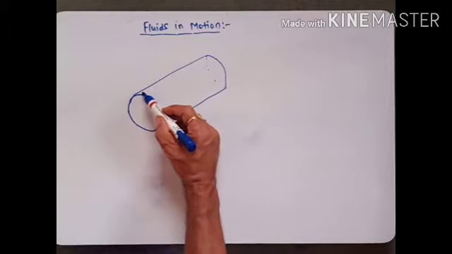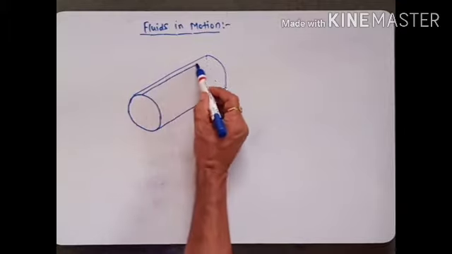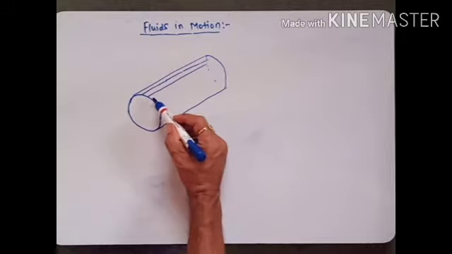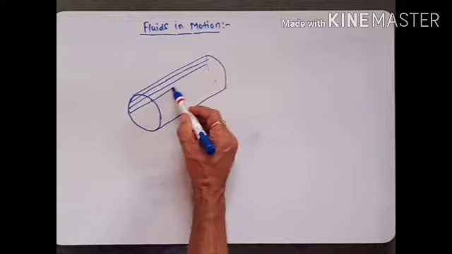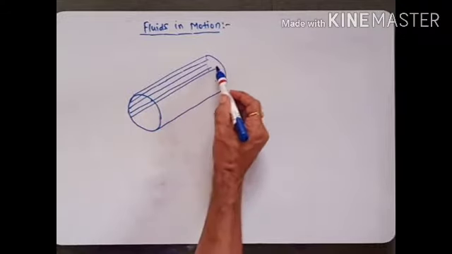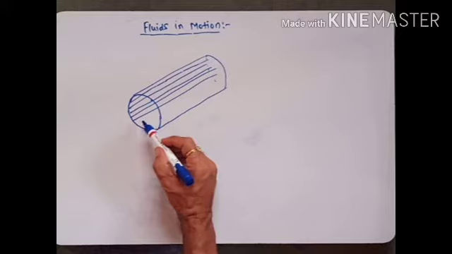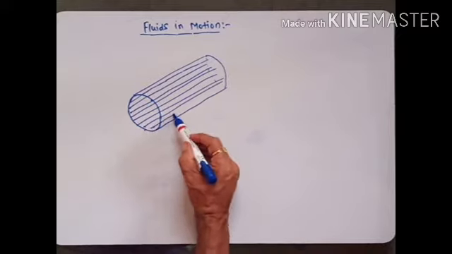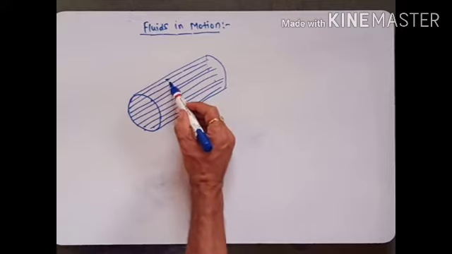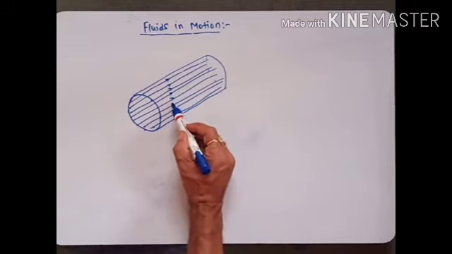Suppose all this fluid moves like this on these lines. We get a number of straight lines like this, and we consider that the fluid moves like this through this pipe.